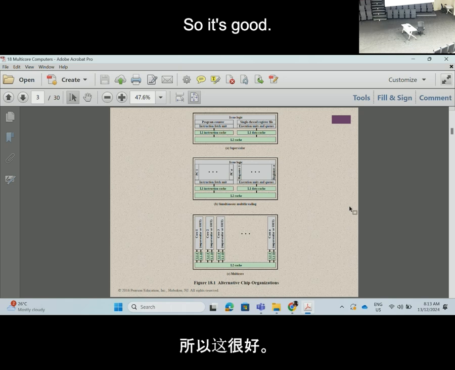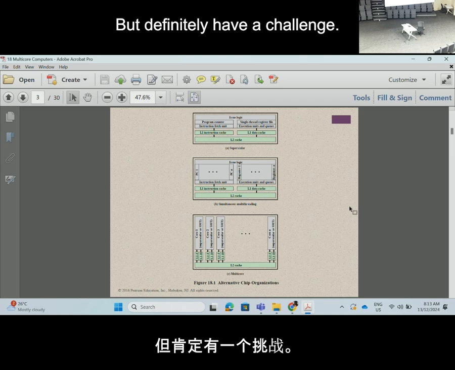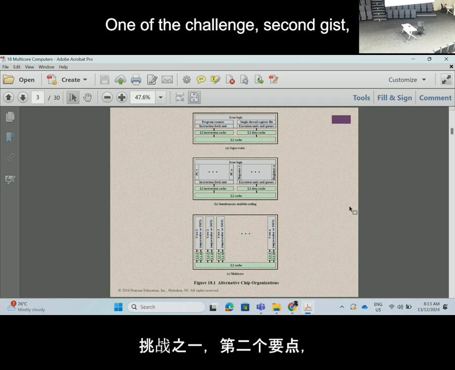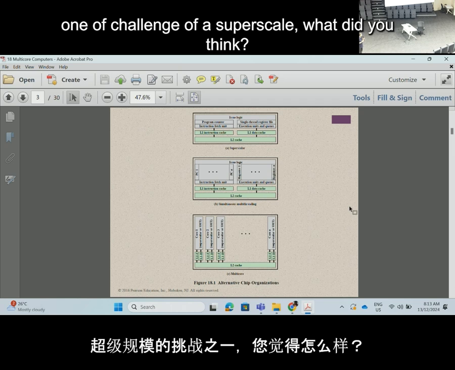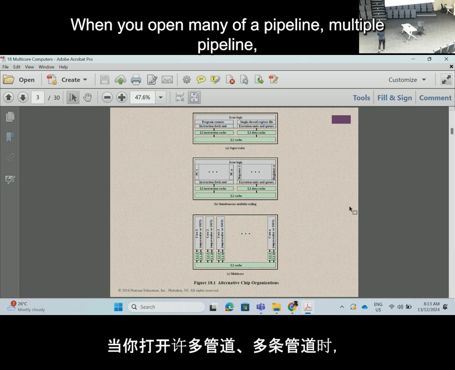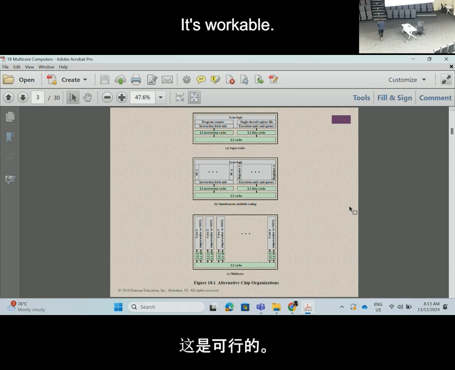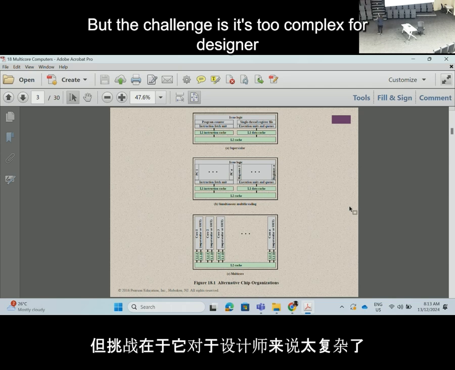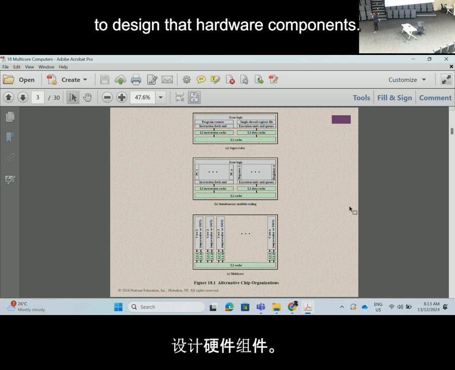So the idea is good, it's scalable, but definitely has challenges. One of the challenges of the superscalar, what do you think? When you open many pipelines, parallelism is workable, but it is too complex for the designer to design those hardware components.